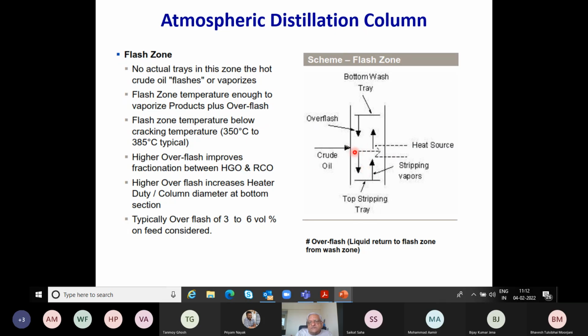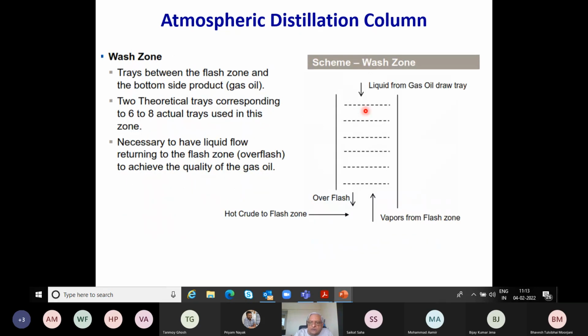The flash zone temperature is related to the crude oil temperature, roughly in the range of 350 to 370. But the amount of heat that we provide in the crude oil is also slightly more as compared to the sum total of all the products, because we also create what is called an overflash or slop oil. That overflash is the function of the wash zone.